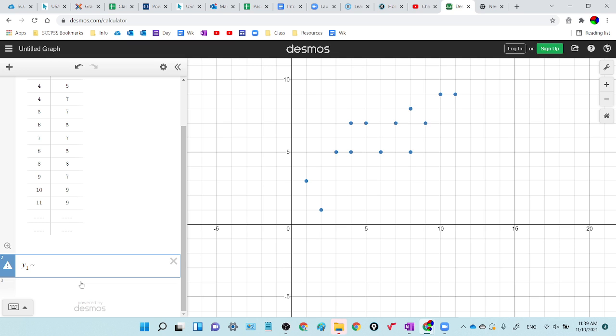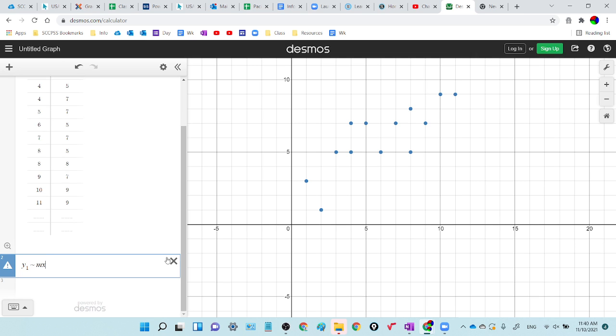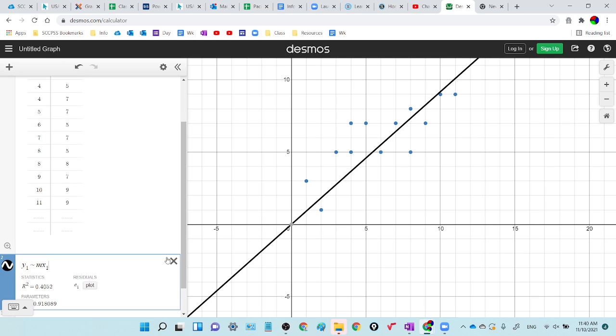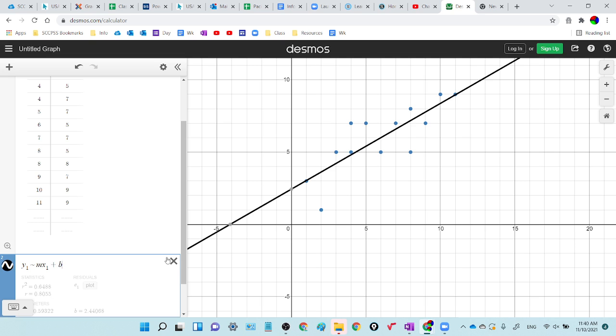And then we will type mx plus b, but this x is not just x, it is x1. So I need to use the same label x1, and then I will put plus b. And that way you can find the equation.